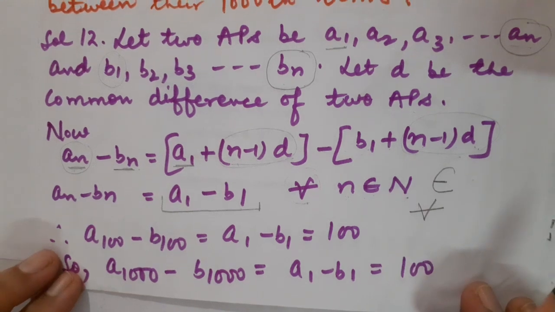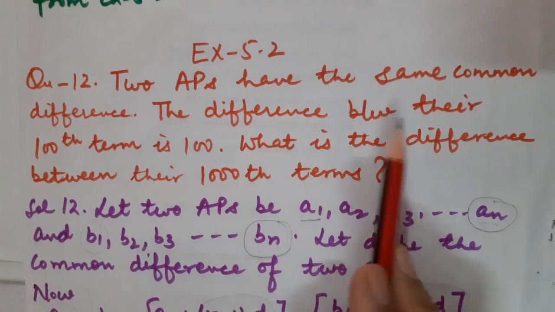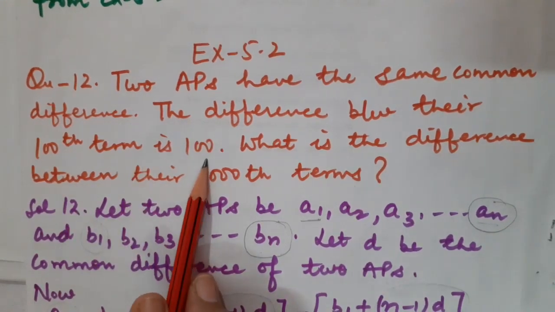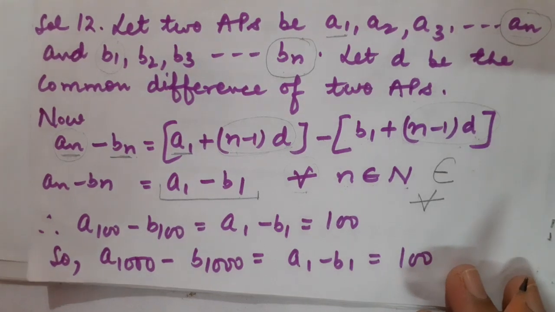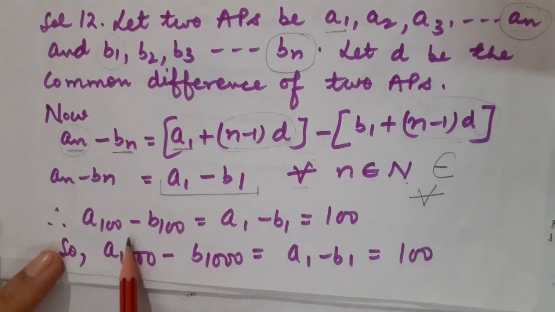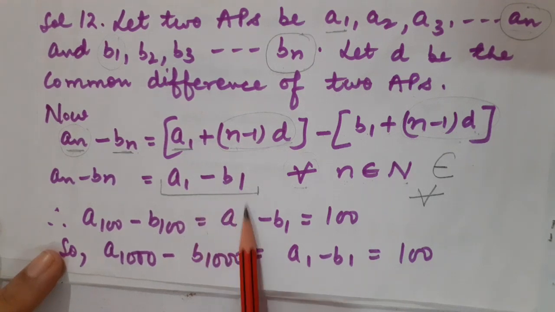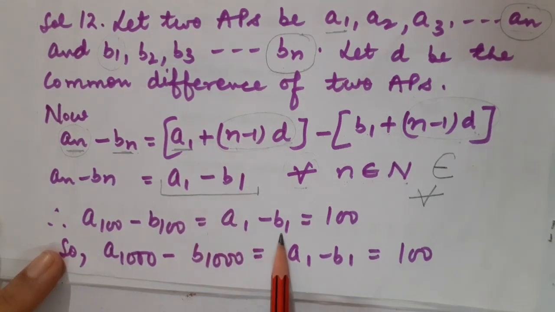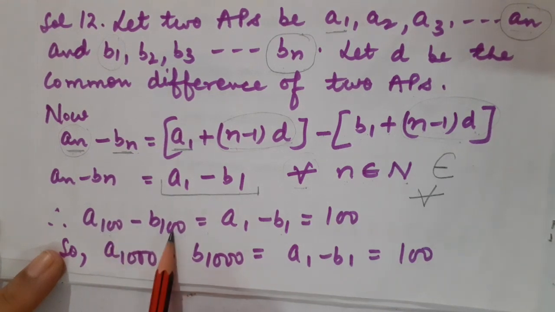Correct? Now what we have to tell in the question and what has been given: the difference between their 100th term is 100. So can I change N by 100? Of course, it can be changed. So at place of N, I am writing 100. It would become A100 minus B100 is equal to A1 minus B1. Correct? And what is the difference given between the 100th term of both the APs?